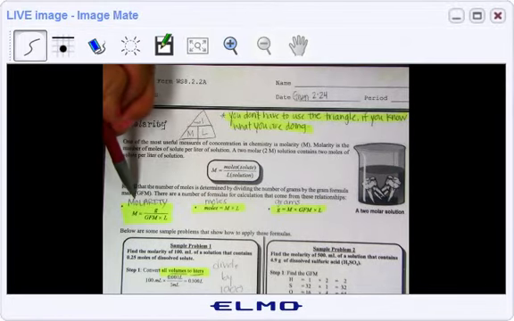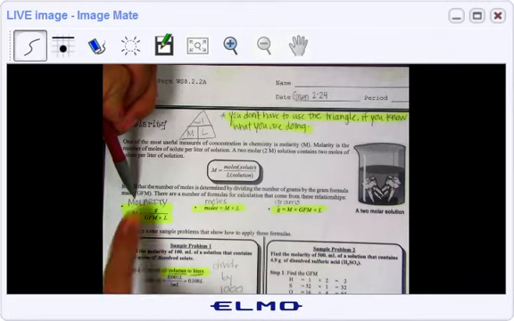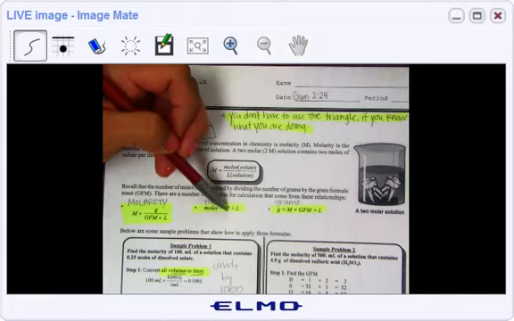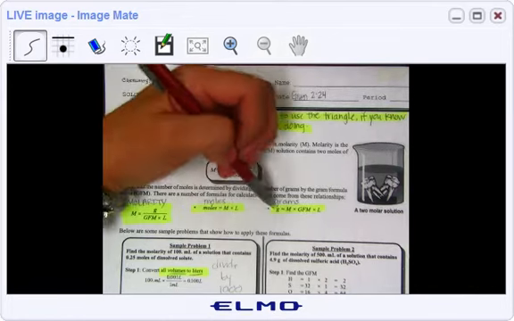Okay, so this is if it says what would the molarity or find the molarity, similar to this sample problem 1. If it says moles, similar to sample number 3, how many moles, you're going to follow this problem. So you need to find the molarity and the liters in the problem.